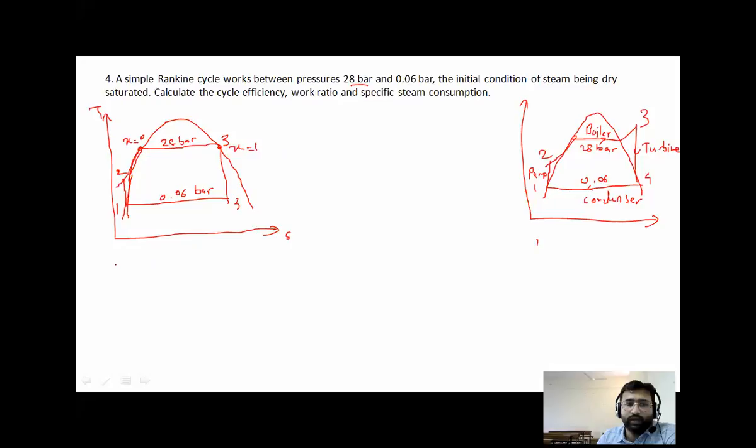They asked for cycle efficiency. What is the formula for cycle efficiency? W net divided by Q in. What is the formula for W net? Turbine work minus pump work. What is the formula for turbine work?